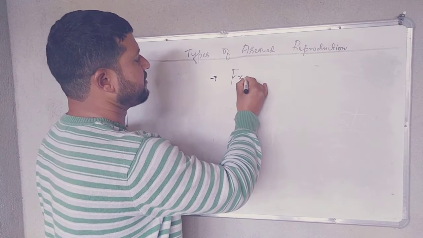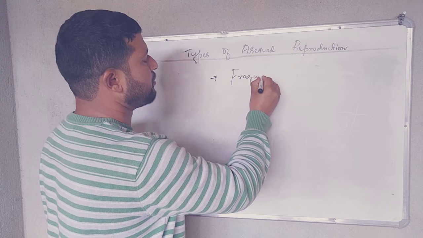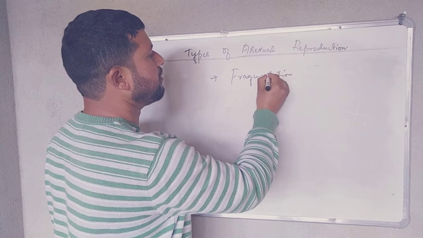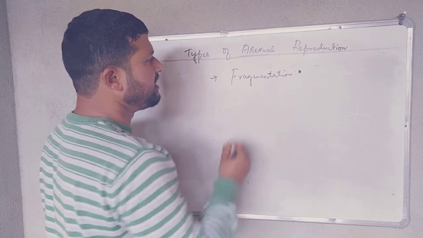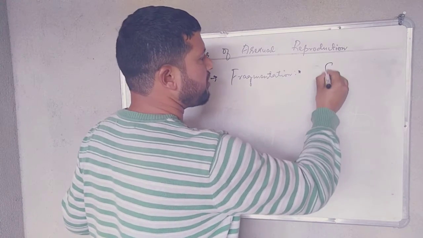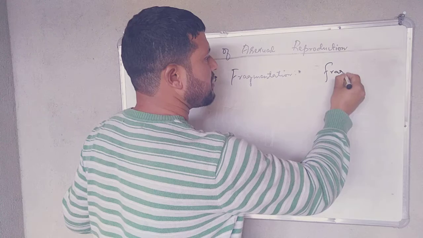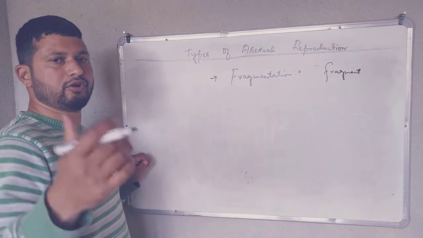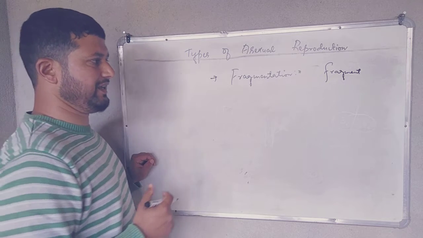In fragmentation, the body of a simple multicellular organism splits into two or more fragments, and each fragment develops as an individual organism.